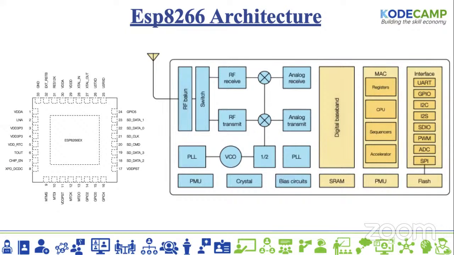So like you can see, it goes through that, and then it transmits to this particular antenna. Now the VDD3P3, pin 3 and pin 4, are for power.